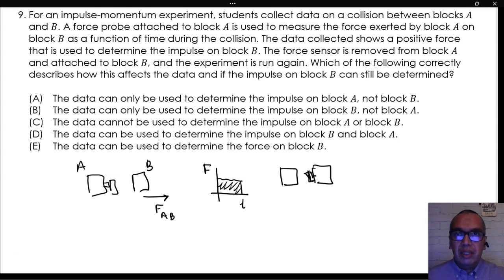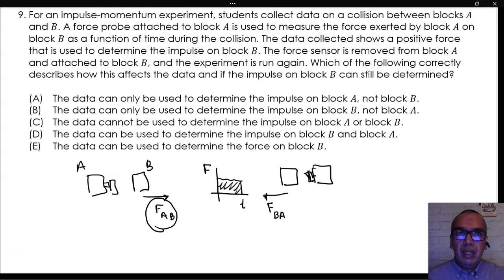When the probe is attached to block A, it measures the force exerted by A on B. When the probe is attached to block B, it measures the force exerted by B on A. Due to Newton's third law, these two forces are actually equal in magnitude.